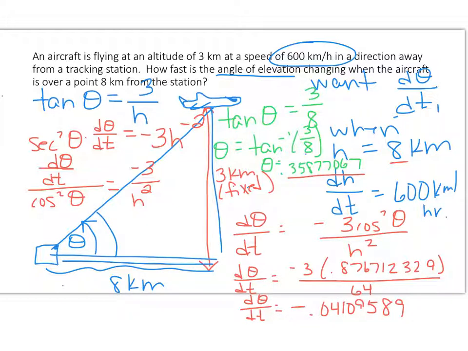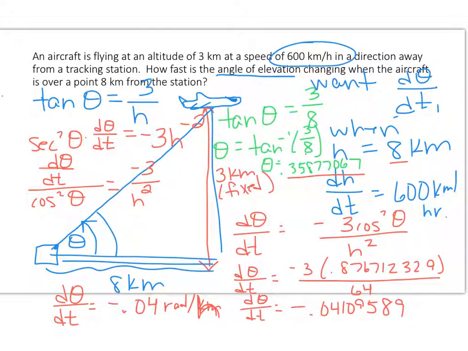So d theta dt for my answer is equal to negative 0.04 radians per kilometer. Or excuse me, radians per hour. There we go. Sorry. Watch your units. Don't mess up your units. So my final answer is that the angle is changing at a rate of negative 0.04 radians per hour.